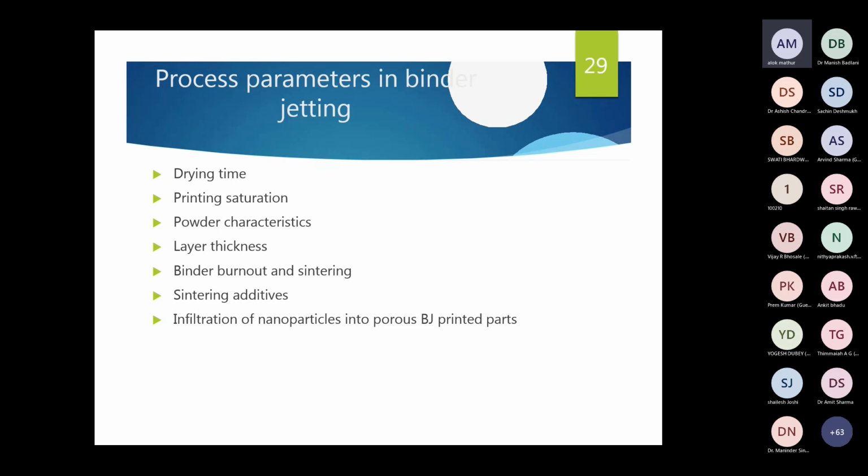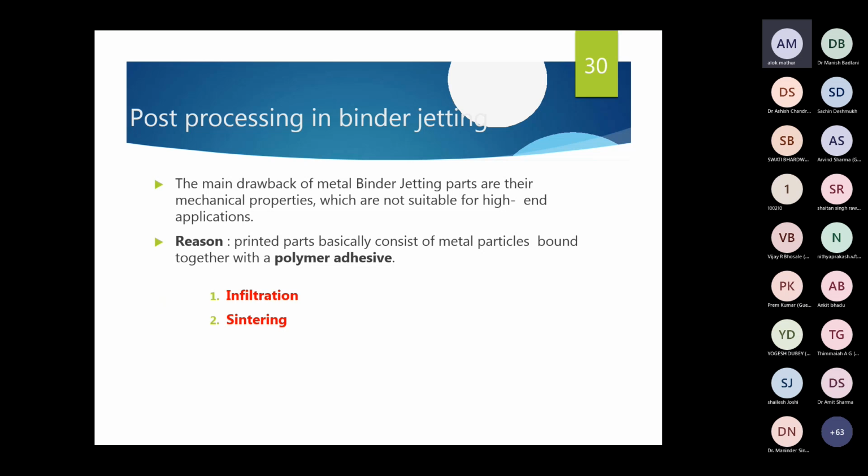Nanoparticles are also used to improve the properties of the job. Post-processing: after completing binder jetting, some post-processing is required. The main drawback of metal binder jetting parts is their mechanical properties, which are not suitable for high-end applications.